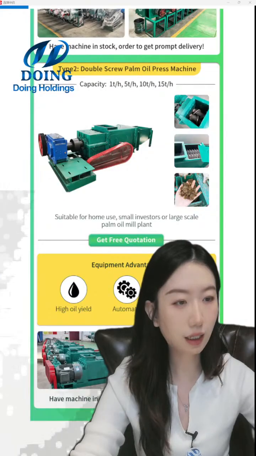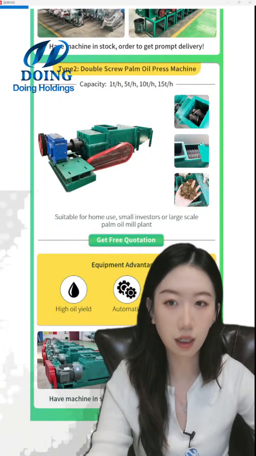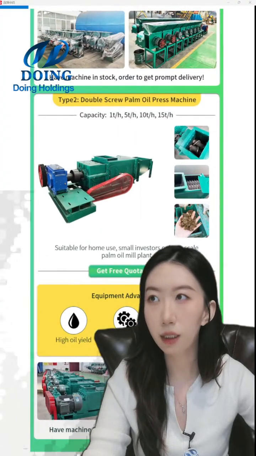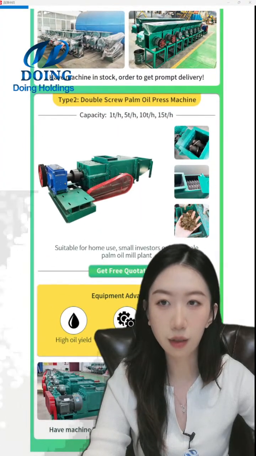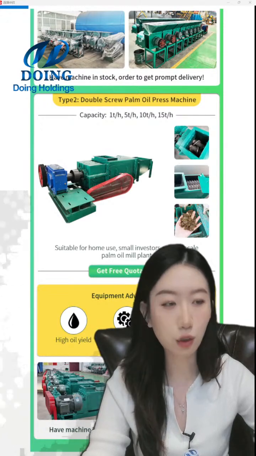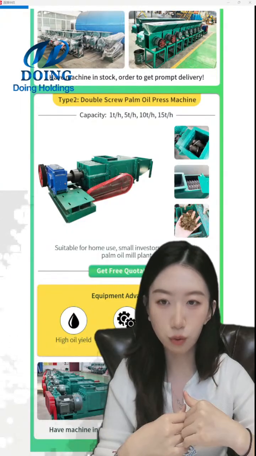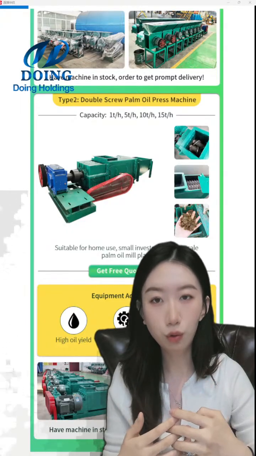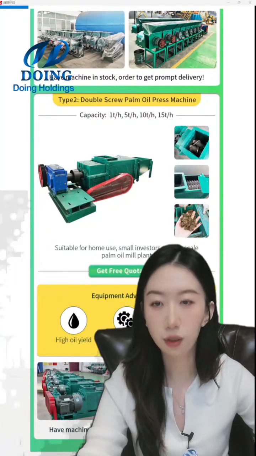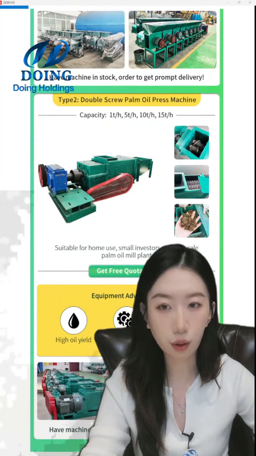And the second type is double screw palm oil presser. Its capacity is higher, more than 1 to 2 tons per hour. It has double screws, and the double screws can move relative to each other, which gives high oil yield.